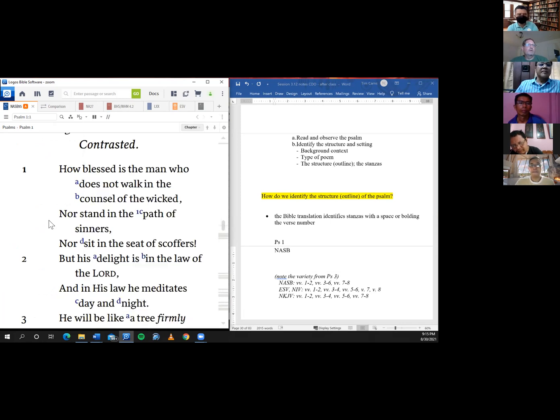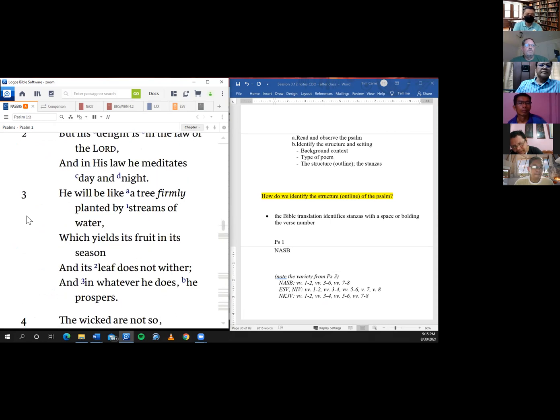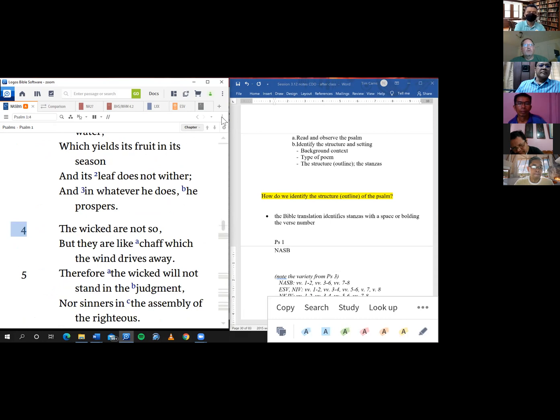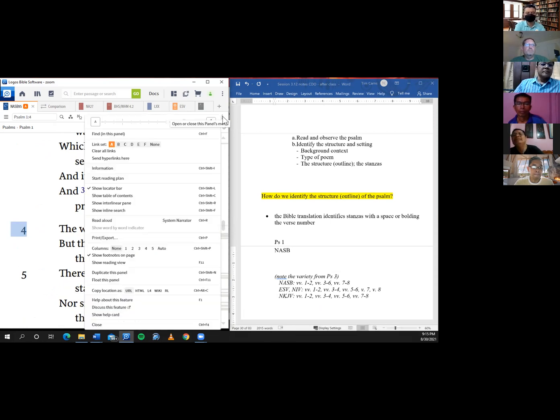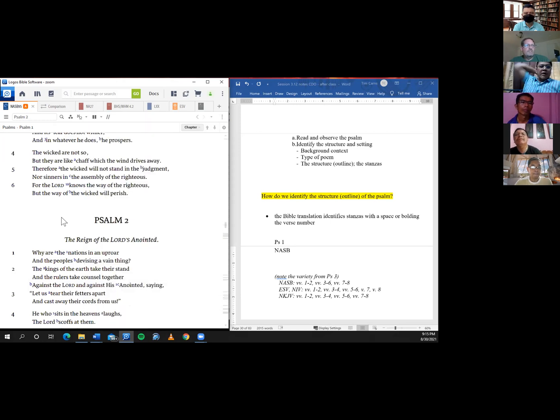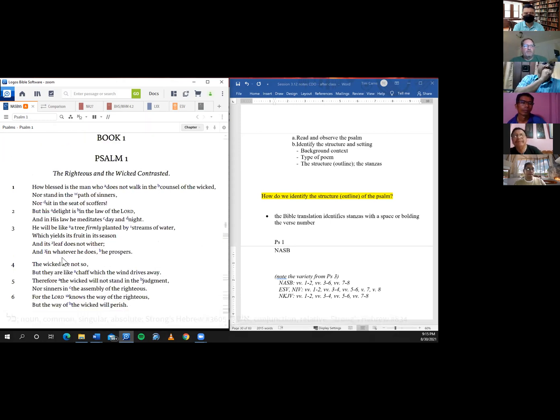It's kind of hard to tell maybe, but verse 1 is bold font, and then verse 4 is bold font. So the New American Standard uses bold font, but they also put a space between the stanzas. You see that there?